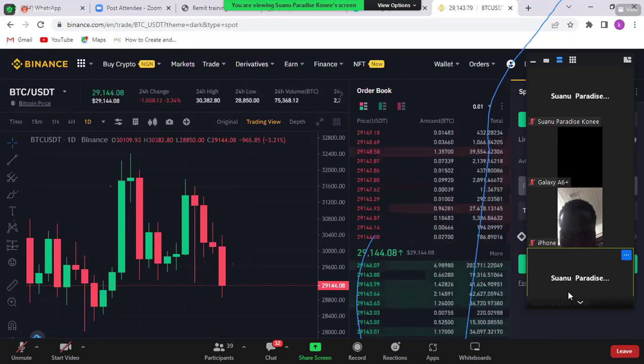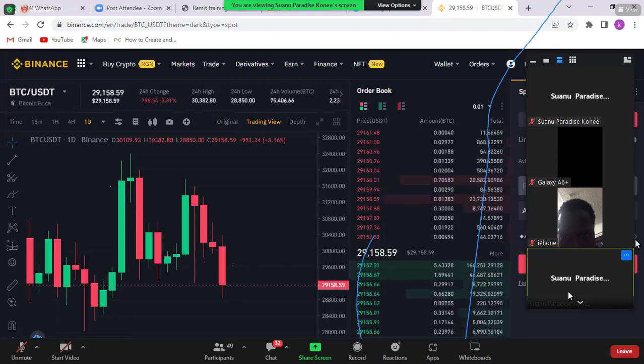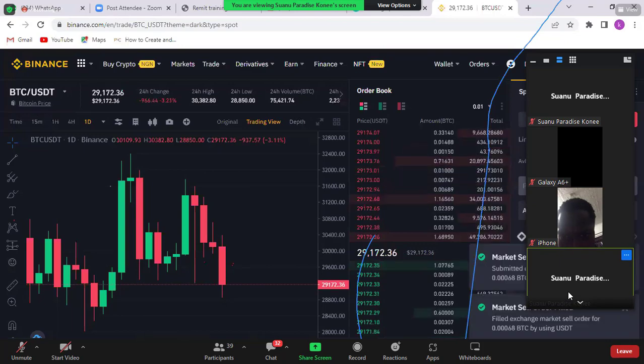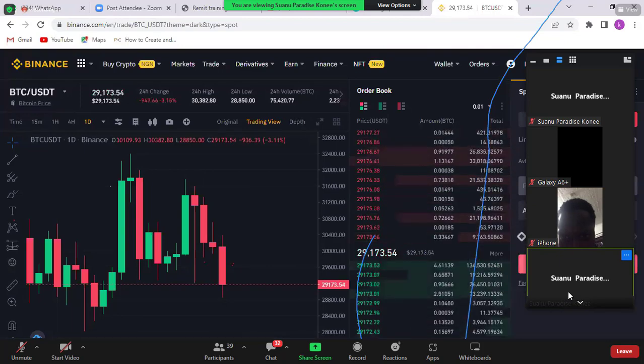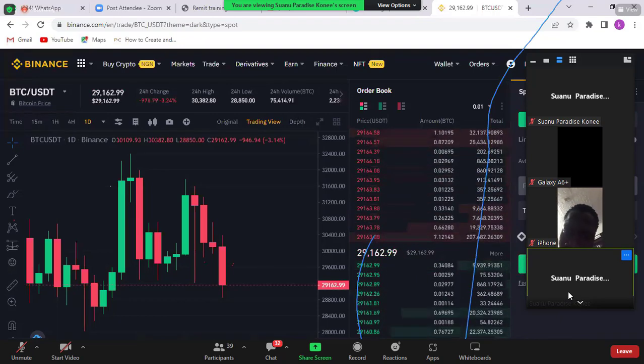If I want to sell, I can click on sell again and sell everything, which means 100%. I click on sell, and it is automatically sold for me. When I come back, you can see that I still have my $45. That is what a market order is.